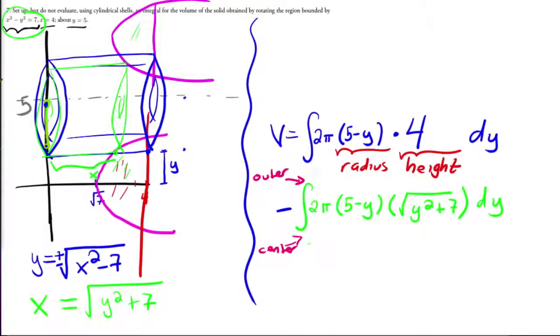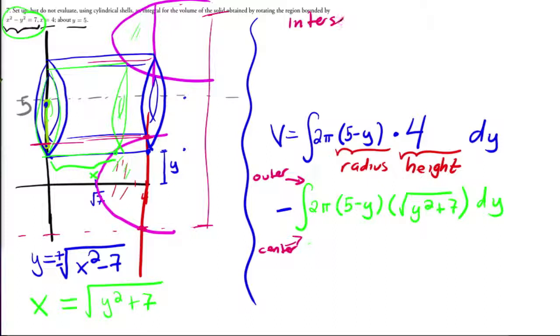Now if you take a look at these, the first shell is going to be located right here, and the last shell is going to be located right here, where they intersect. But you're not going to go from the very bottom to the very top, because each shell collects the volume from both ends, and so you only need to go from this point right here, which is where these two intersect, which we'll find in a minute.